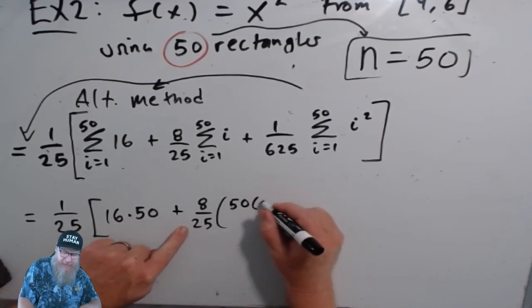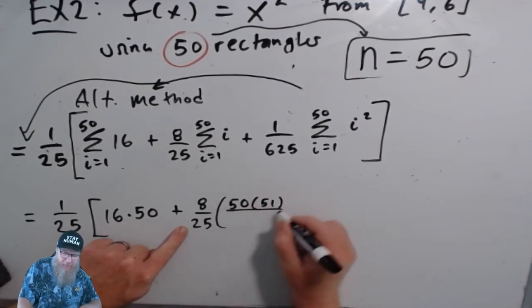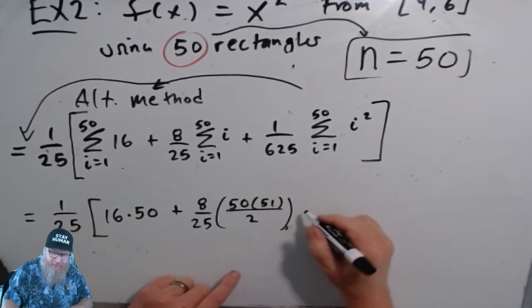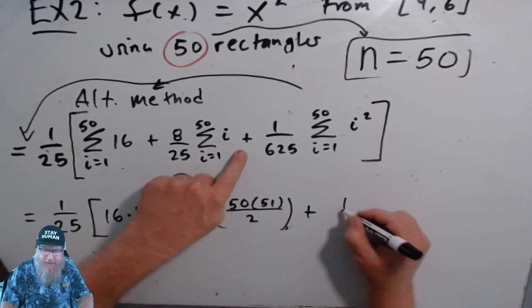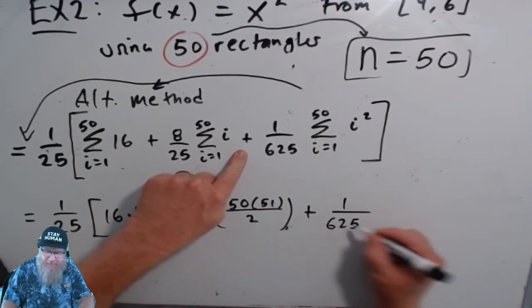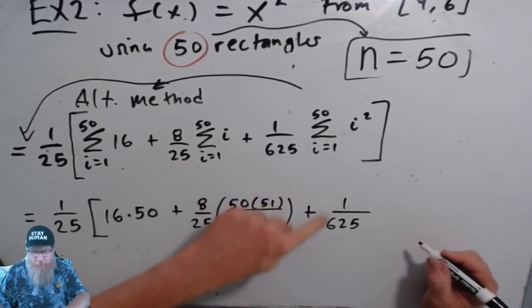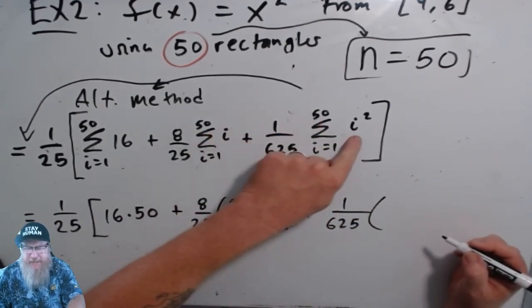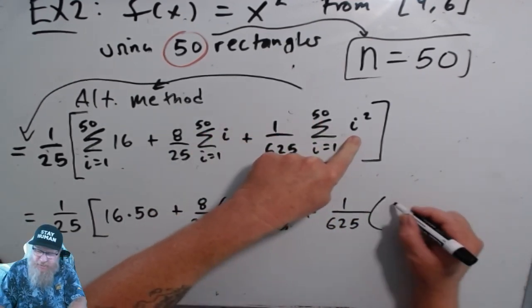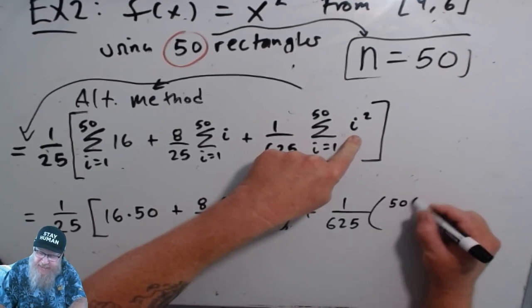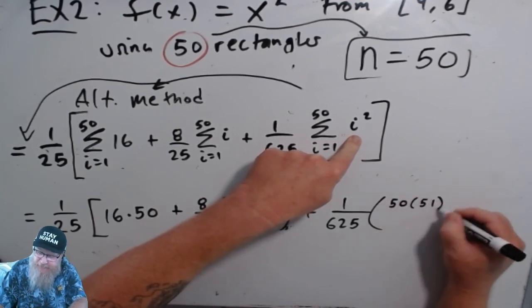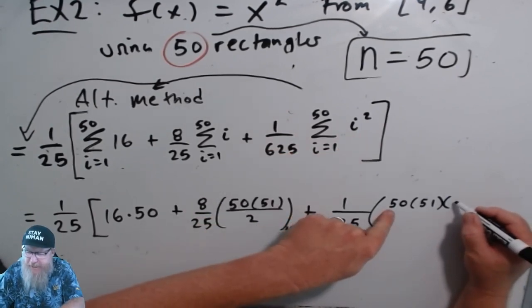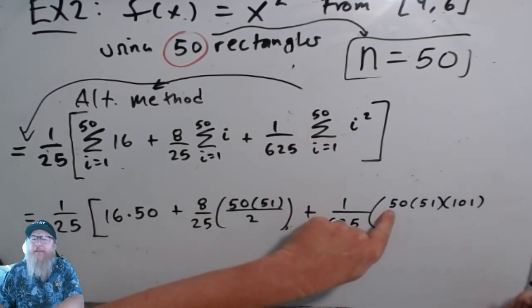So that's 50 times 51 over 2. And then I've got 1 over 625, and then the formula for 50 rectangles, i squared. So that one was 50 times 51 times 2 times 50 plus 1. So that's 101.